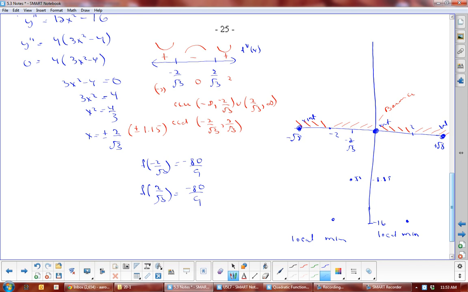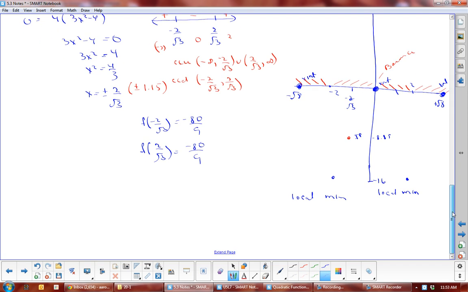This is an inflection point. You can see how lots of colors helps here. And then I've got the same thing on the other side. I've got 2 over root 3 and negative 8.89 is there. Yes, those are both inflection points.